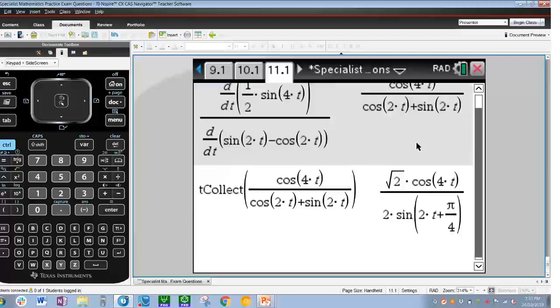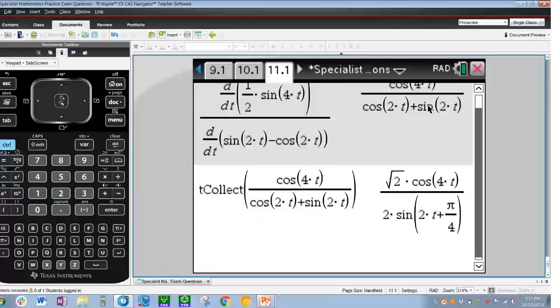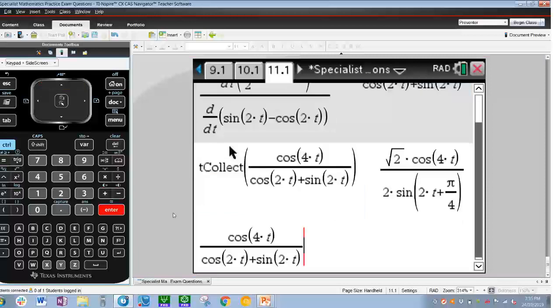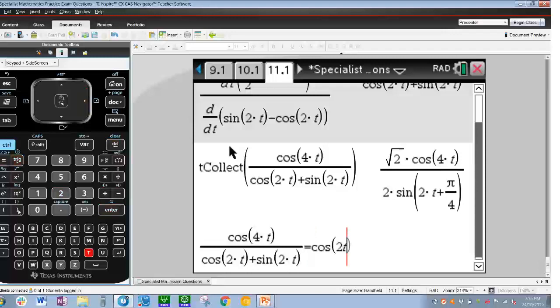So what is a possible option at the moment is to try and equate these to other options that we see in our options. So I can press up a couple of times, press enter, equals, and let's try the first option. So control, let's just add in cos of 2t, so cos of 2t, close bracket, plus, sorry, that's a plus, and then trig sine of 2t, enter.